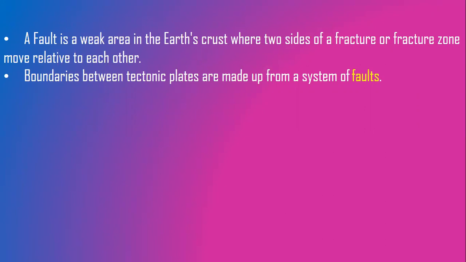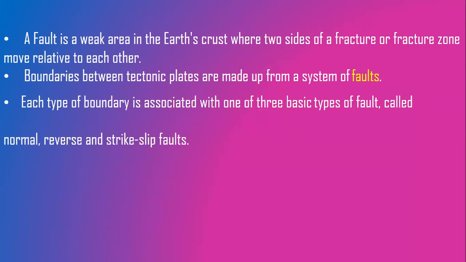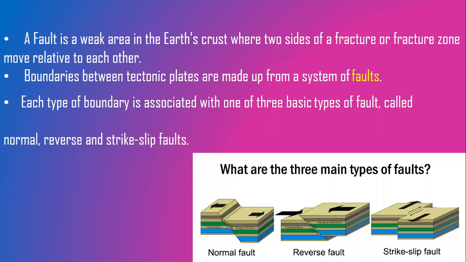Boundaries between tectonic plates are made up of a system of faults. Each type of boundary is associated with one of the three basic types of fault called normal fault, reverse fault, and strike-slip fault. We will be learning about these three types of faults in detail.